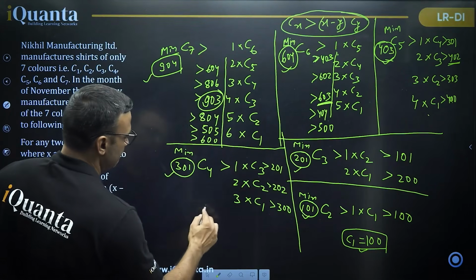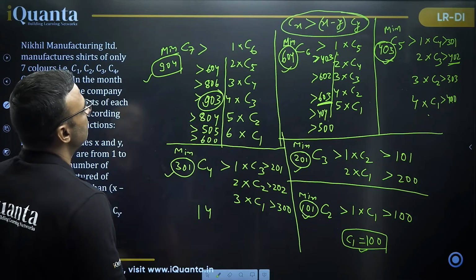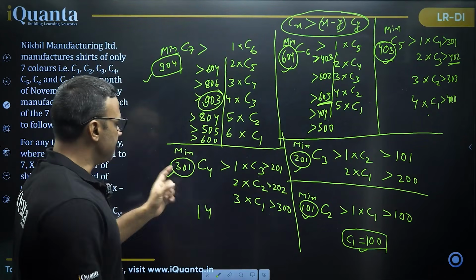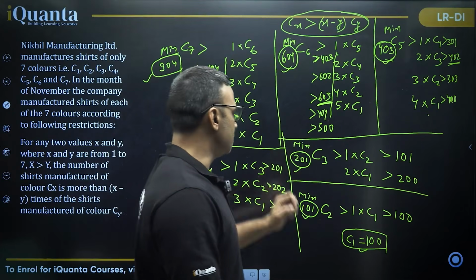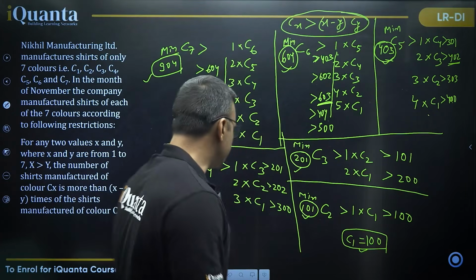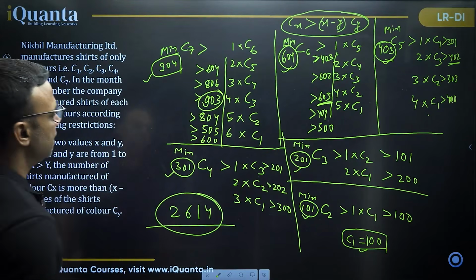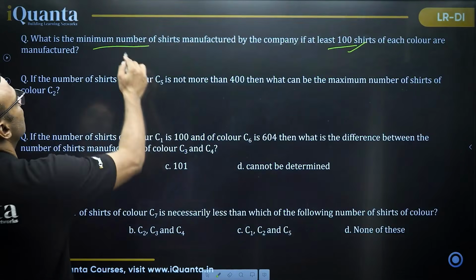So 4, carry 1. Then the hundreds place, 9 and 6, 15 and 4, 19 and 3, 22 and 2, 24, 25, 26. So 2614. The answer to this question is 2614.